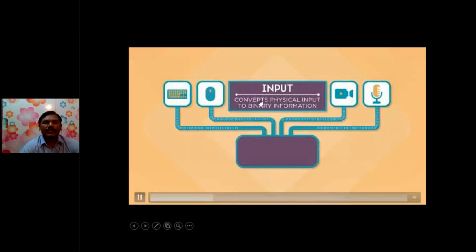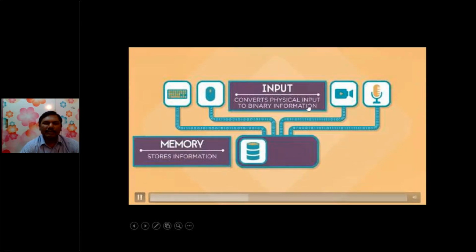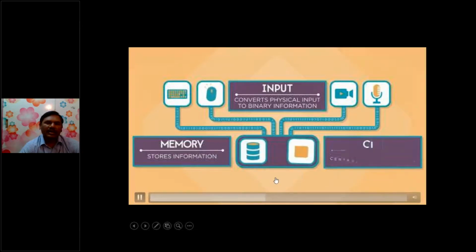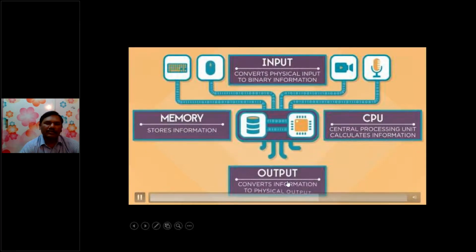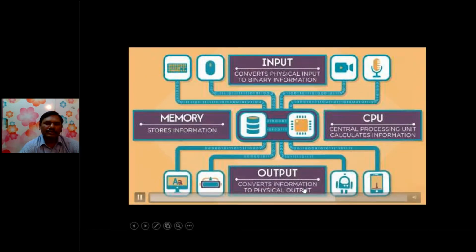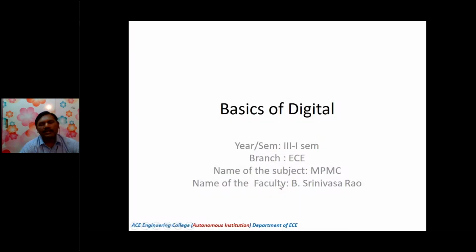So this block shows the input converts physical input to binary information, and here at the output side, again this binary information will be converted into physical output. So this binary means the basics of digital.